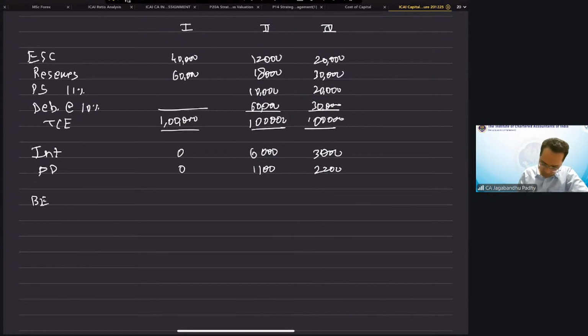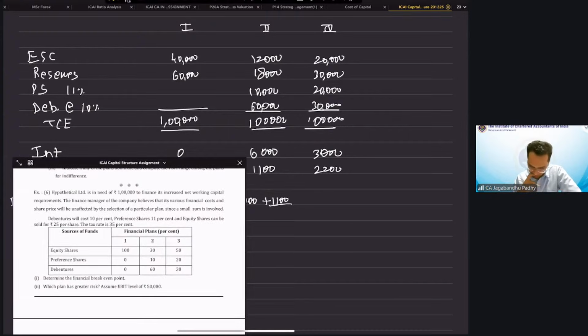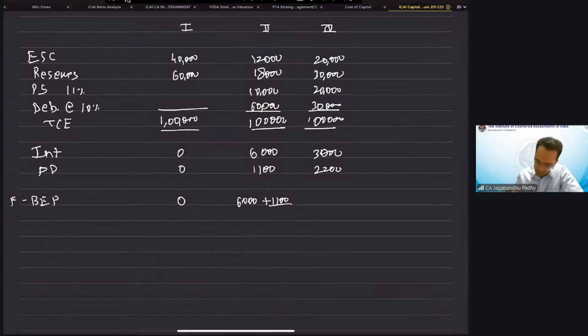Now we can get the financial break-even point. Obviously, first case financial break-even point is 0. Right guys? And here it's going to be what? 6,000 plus 1,100 divided by, what's the tax rate? 35%. So 1 minus 0.35.